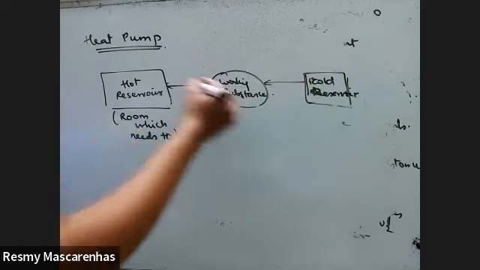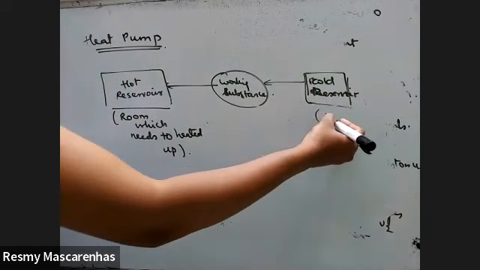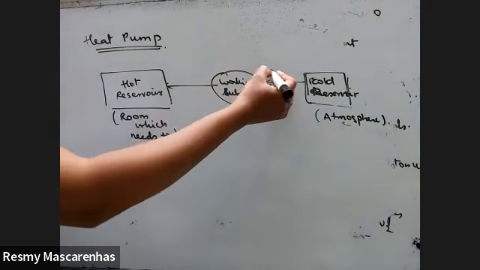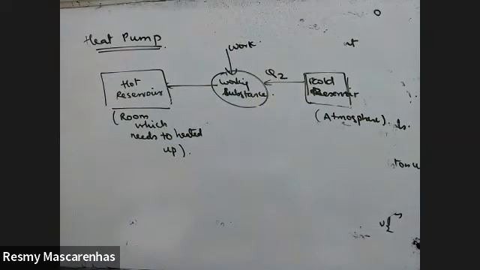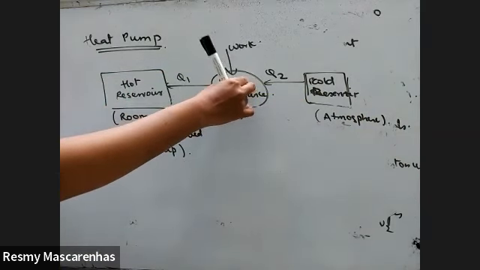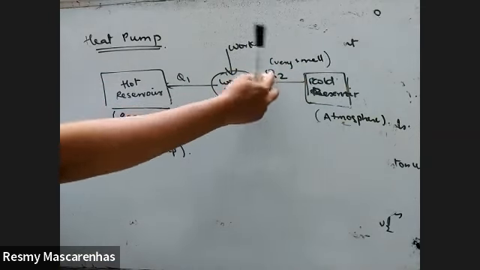A heater is needed when the outside atmosphere is very cold and you want to make your room hot. Okay, outside it's very cold, so this will be your atmosphere now. It's picking up some heat Q2, doing some external work. And then this Q1 is more, obviously. This entire work is also getting converted into heat. This is very small actually, because already it is cold, a very small amount of heat.